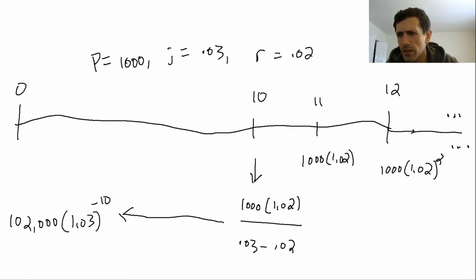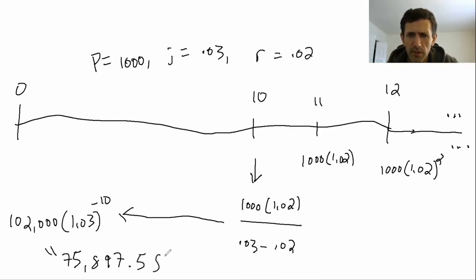So take this times 1.03 to the 10 minus. So 75,897.58. Okay, so this is the blue.